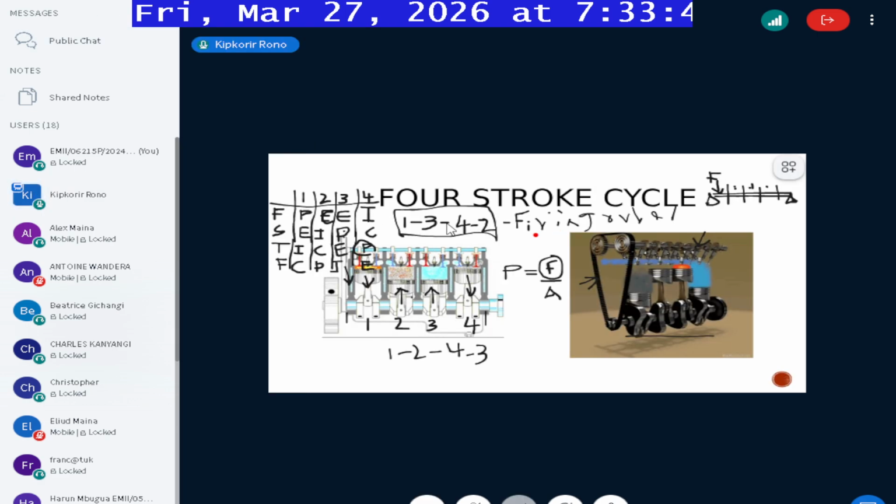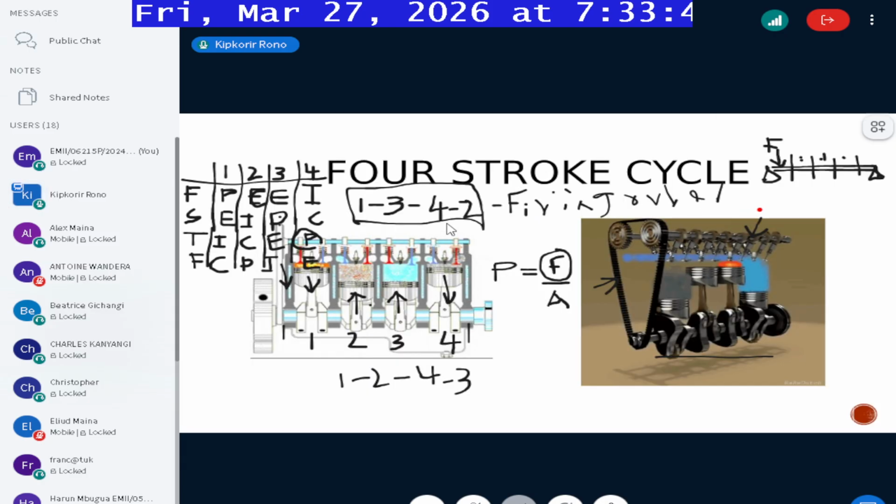So the firing order is very important. You remember I said that there is a distributor, which has 4 points if it is a 4-cylinder engine. In each point there is a contactor that distributes the battery current to each cylinder using the firing order.